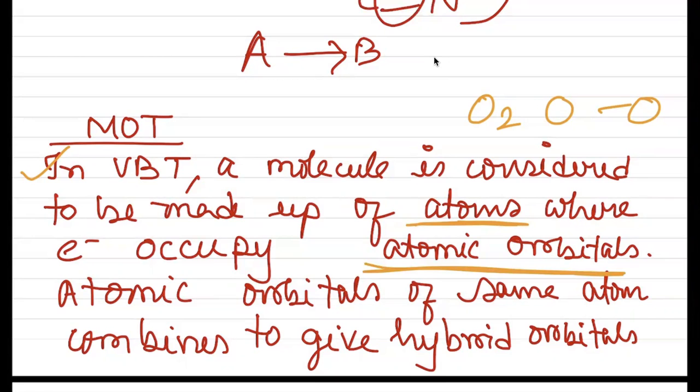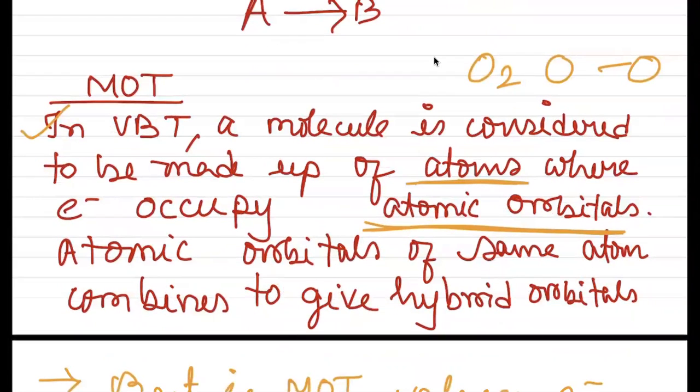Atomic orbitals of the same atom combine to give hybrid orbitals. That is what we have learned from VBT: each atom has its atomic orbitals, electrons occupy them, and they combine to give hybrid orbitals.